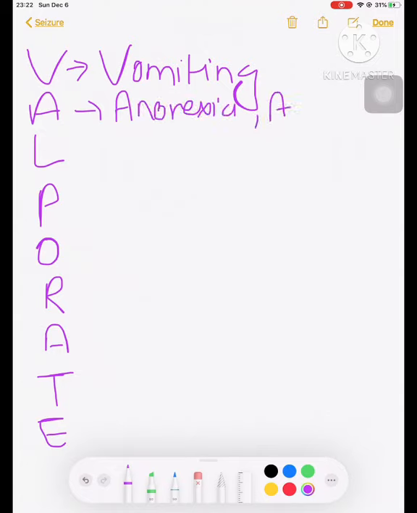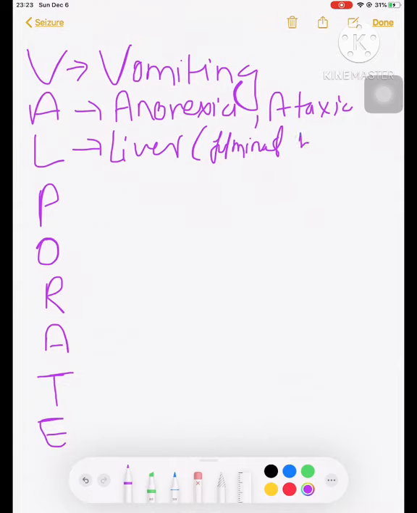It can sometimes also cause ataxia. L is for liver. It may cause fulminant, very rapidly occurring hepatitis. P is for pancreatitis.